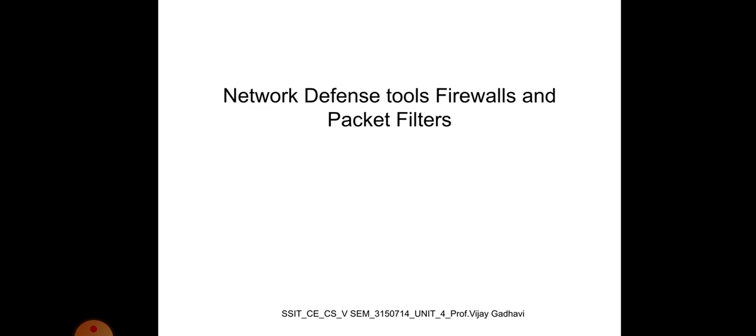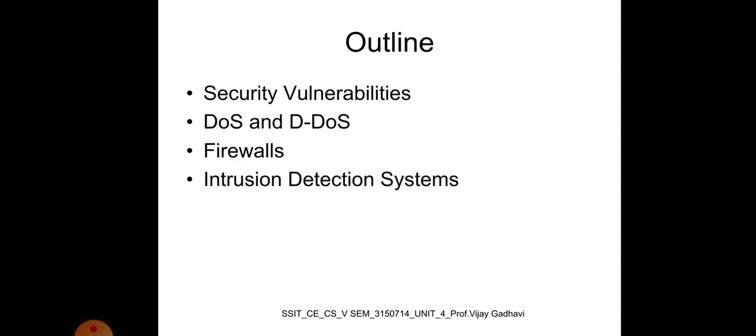Now we start unit number 4. Here we need to learn in this session security vulnerabilities, DoS and DDoS attacks, firewall systems in detail, and intrusion detection systems. First, start with security vulnerabilities.